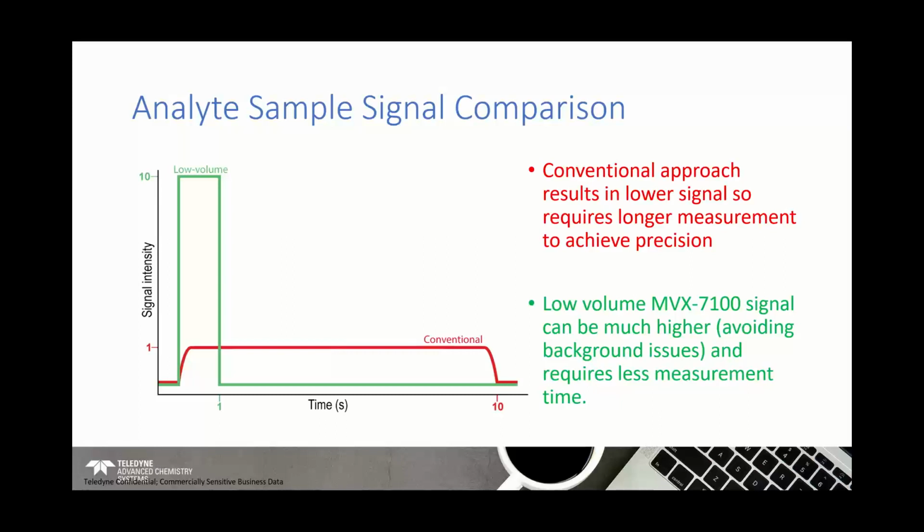In the low volume approach with the MVX system, the signal is going to be much higher. Because the signal is that much higher against the background, it's going to be much better in terms of precision, and you're actually going to need to measure for much less time. So there is a time advantage here as well, which I'll come back to.